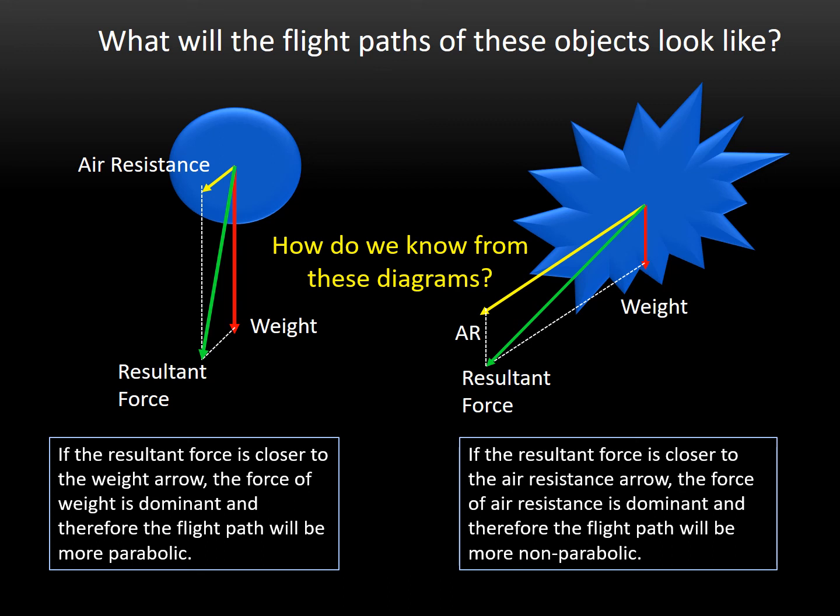And we can see that the resultant force for the diagram on the left, the green arrow, is closer to the weight arrow at the bottom, and we can see that on the right the resultant force green arrow is closer to the end of the air resistance arrow. Okay, if air resistance is the dominant force, it's a non-parabolic shape.